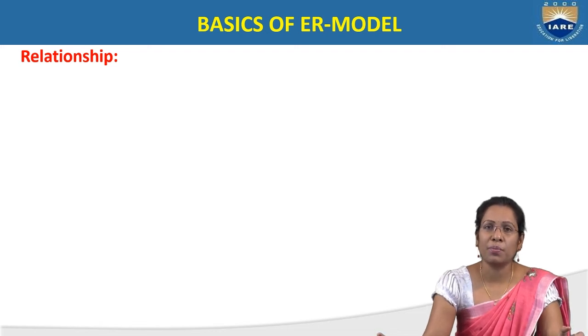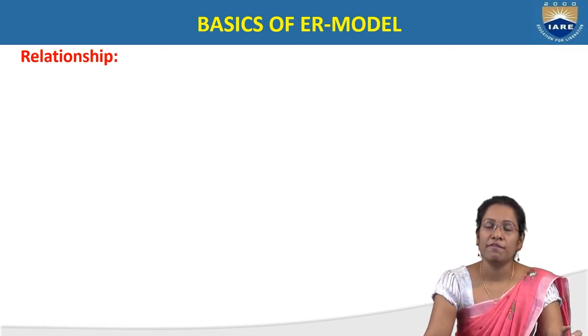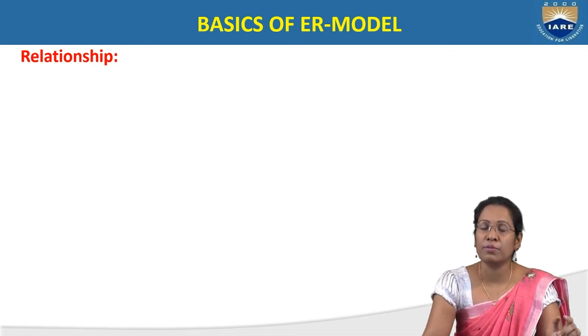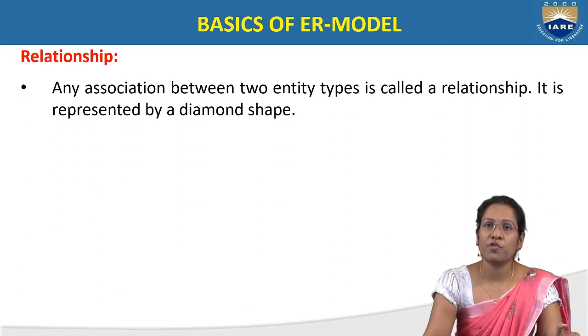But in order to combine, to exchange the information and relate two different entities or different tables, we majorly require the final component, which is the relationship. So the relationship plays a major role in relating two different entities or two different tables. Here a relationship forms an association between two entity types, and it is denoted by a diamond shape.